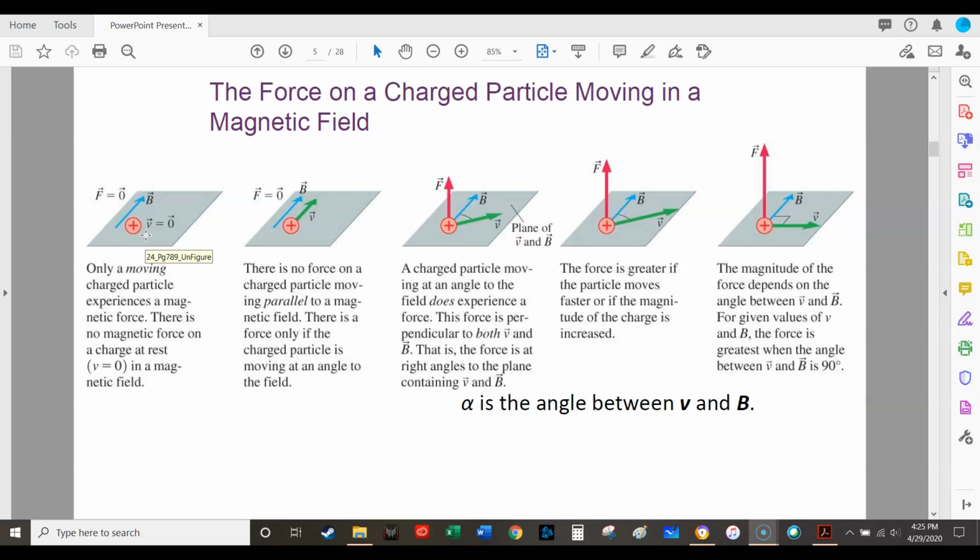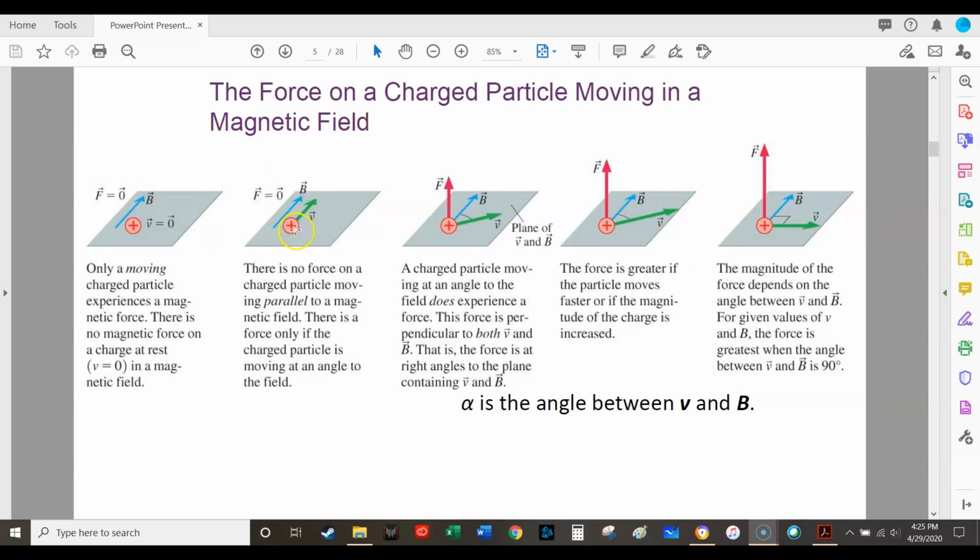There's not going to be a force. However, if you have a moving charge in a magnetic field, and both are parallel, meaning the charge is moving in the same direction as the magnetic field or opposite to it, a force will not be created. That magnetic field is not going to push on that charge at all.